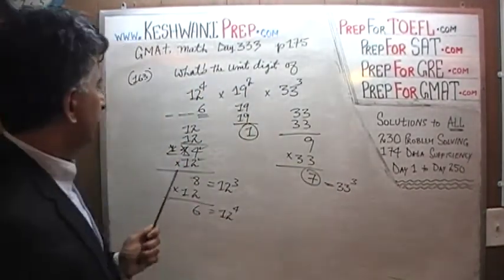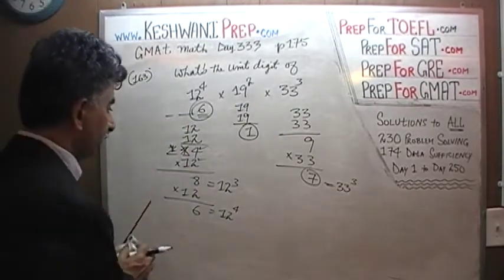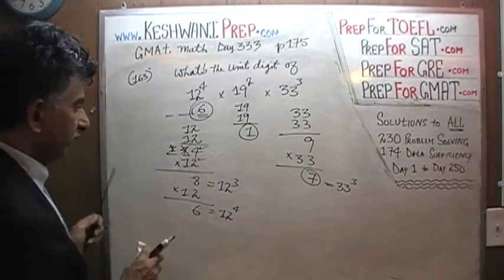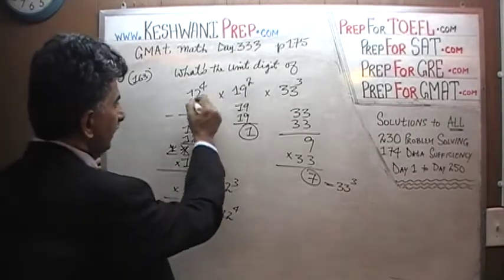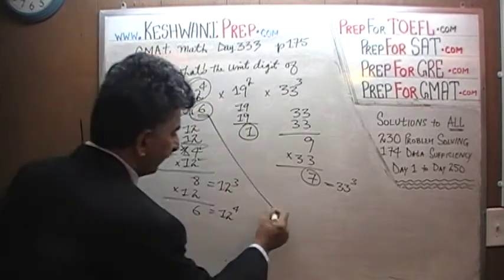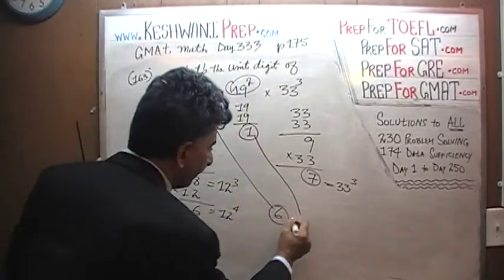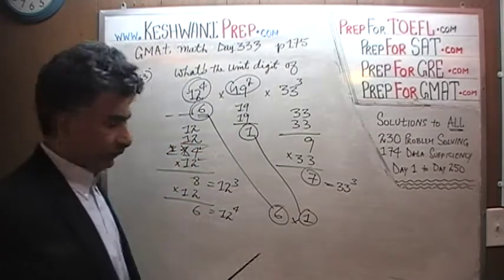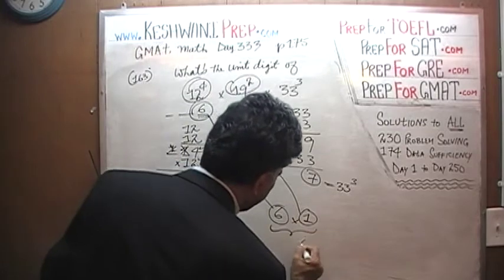This guy ends in a 7. This guy ends in a 1. This guy ends in a 6. And then you multiply all 3 of the quantities. We're done with this part, so I'm going to erase all of this so we can do it here. The first quantity, 12 raised to 4, ends in a 6. Second quantity, 19 squared, ends in a 1. 6 times 1 is 6 so far. So these two are going to end in a 6.